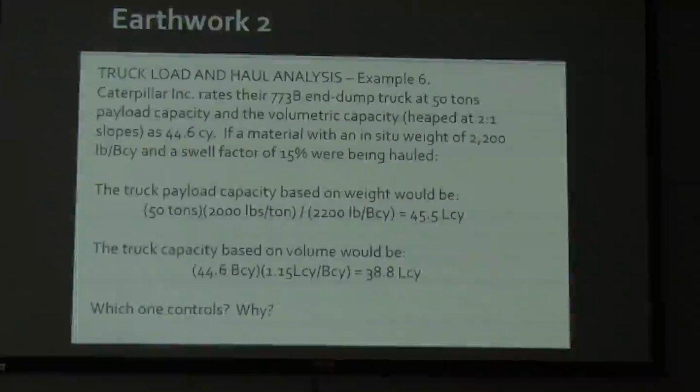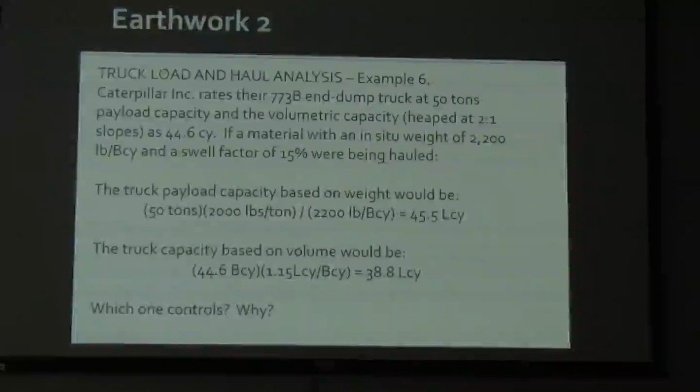In this particular case, the payload capacity based on weight is 45.5. The truck volume would be 38.8. So its volume capacity is 38.8 loose cubic yards, whereas the weight capacity is 45.5 cubic yards.